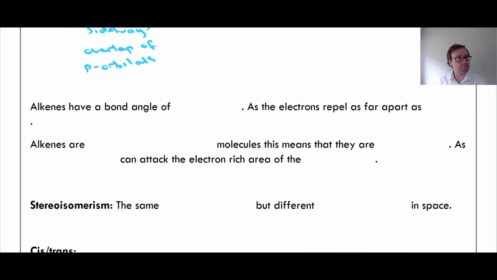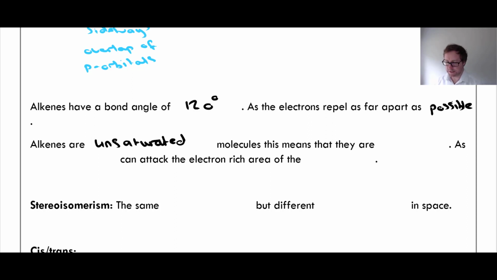Okay, so shapes. Alkenes have a bond angle of 120 degrees as the electrons repel as far apart as possible. I'm not going to go into any more detail apart from that. So alkenes are unsaturated molecules.